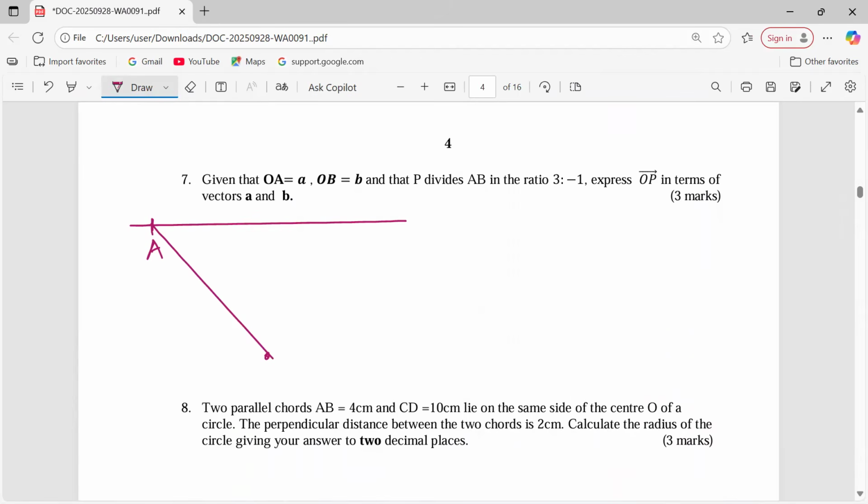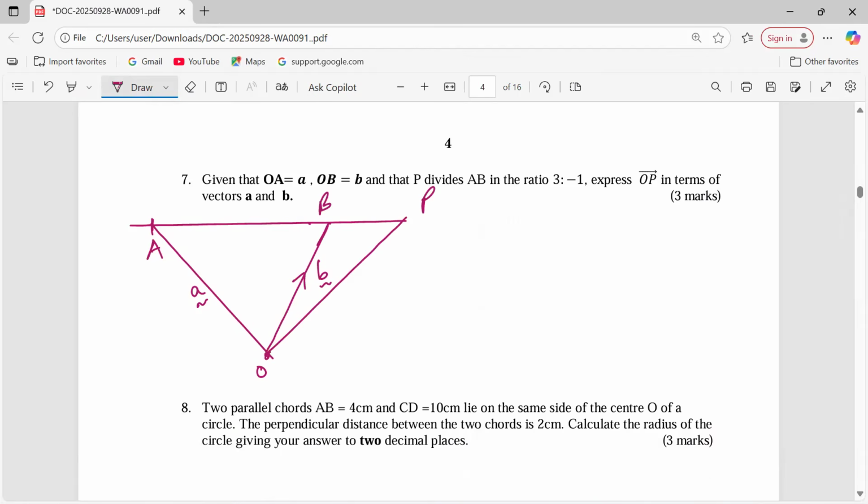This is point A. Then point B is the point here, whereby this is vector B. Then there is a P, which is an external divider, P here.